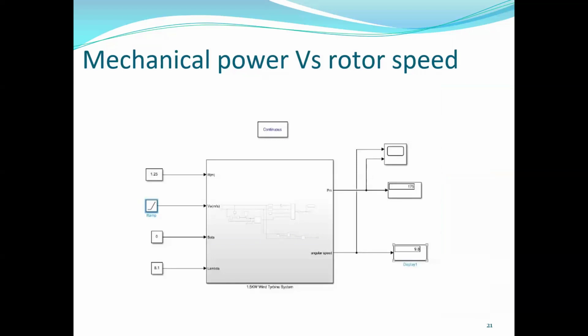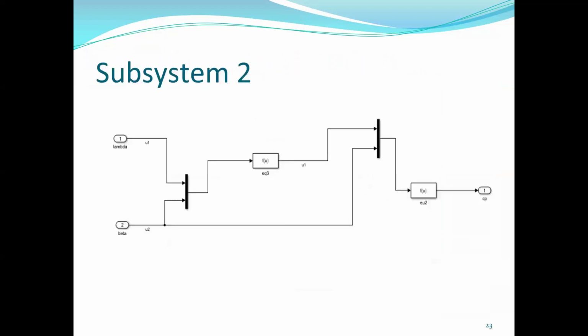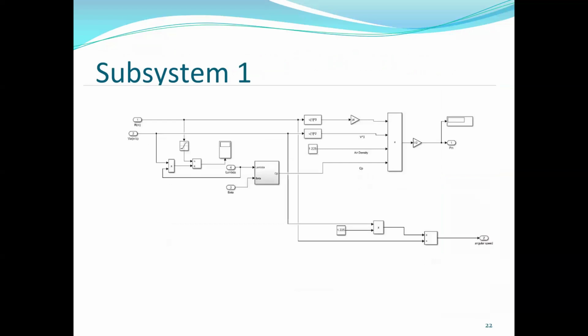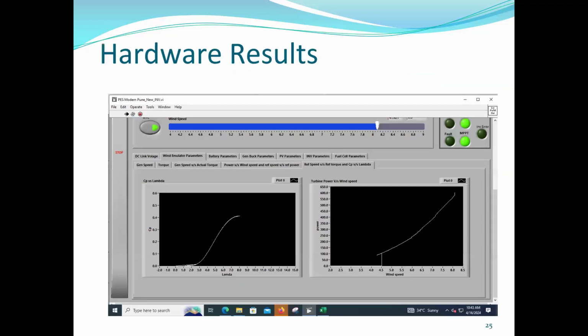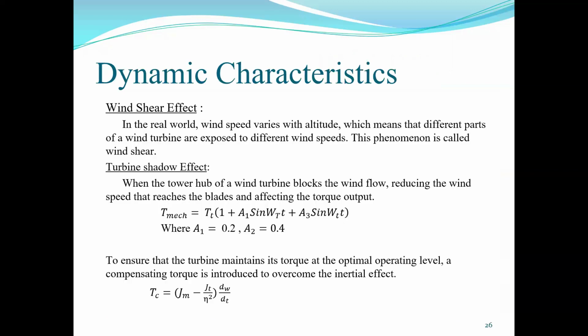The next graph is mechanical power versus rotor speed, and this is the subsystem for this. This is subsystem 1 and subsystem 2. This is the wind turbine emulator model, and these are the hardware results of our system.